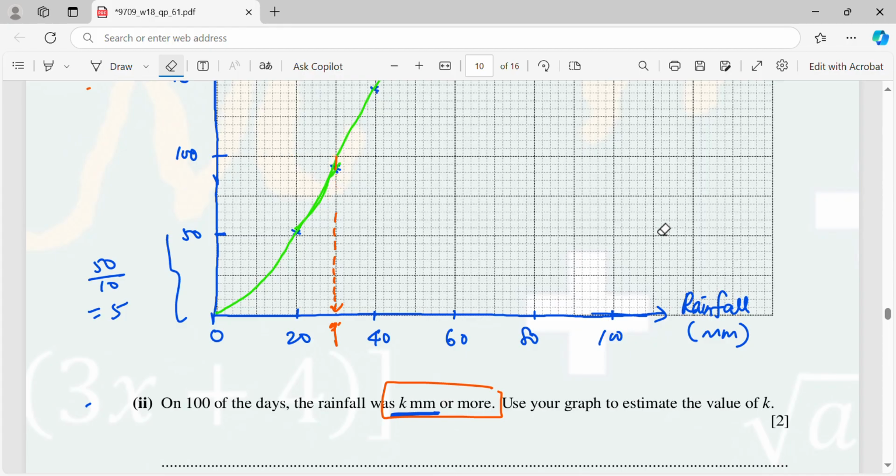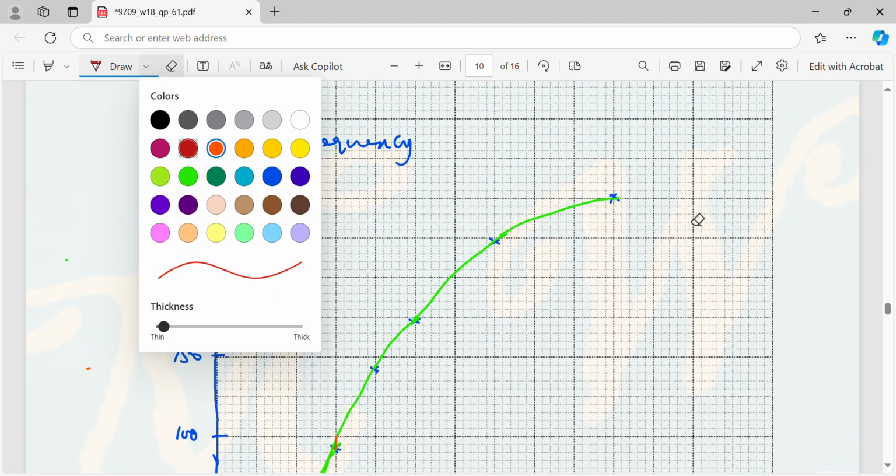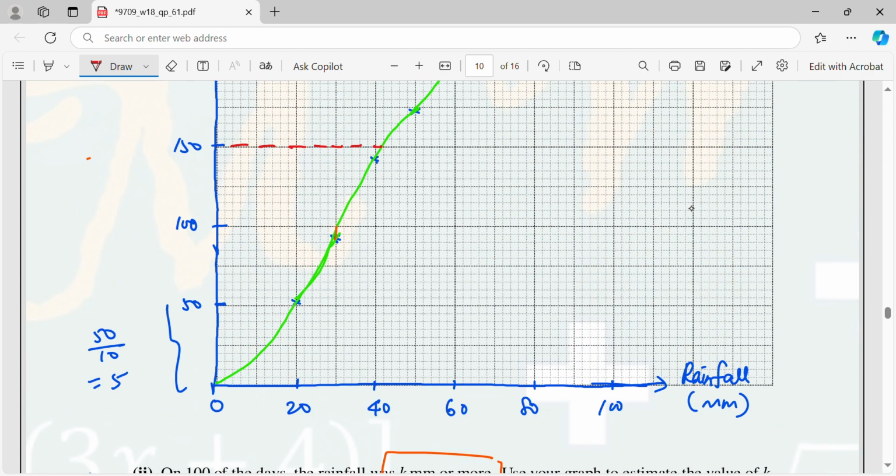This is the bottom 100, which means on 100 of the days, it will be K or less, right? So now K or more for 100 of the days means that you have to consider 100 from 250. So that means that is 150, right? Because of the more there. So then I will get this graph. Okay, so be careful with this.